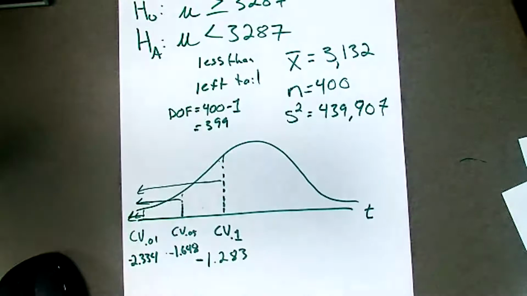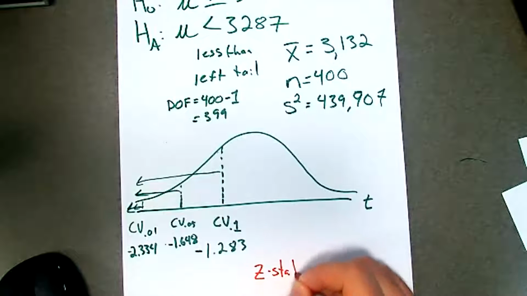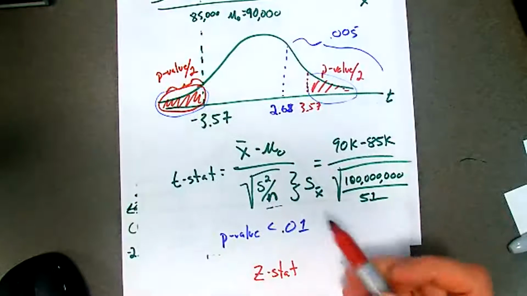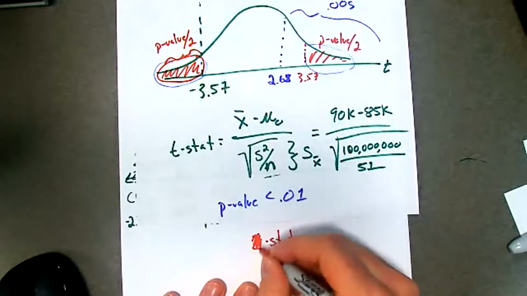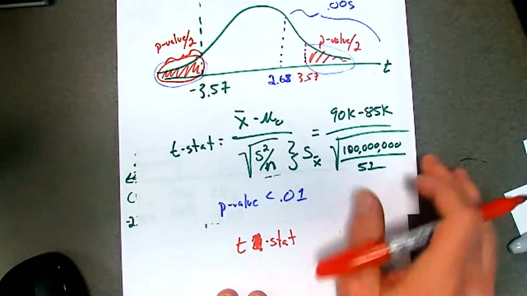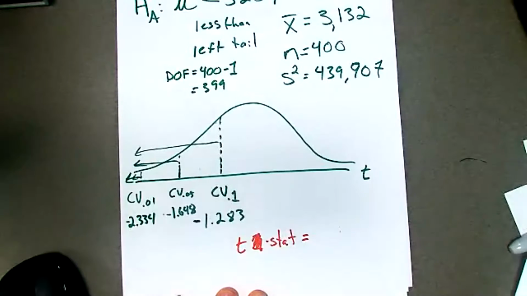Okay, good questions. So I'm going to calculate my test statistic. I'm not going to write the whole equation out again. I'll show you on the formula sheet here in a second where this is at. But we have the format here, and I put Z. That was wrong, right? We only have a sample variance, so I'm using a student T table, so I have a T statistic. So I've got my sample mean minus my assumed true mean.